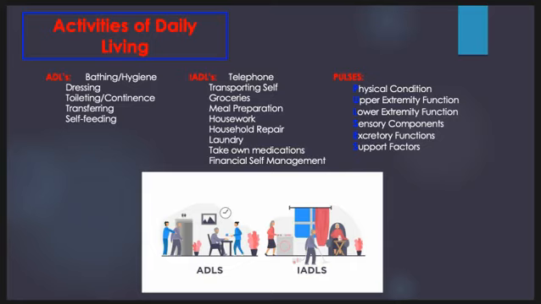So if they're able to dress themselves, brush their teeth by themselves, things like that, you should encourage them to do it themselves. Don't try to do it for them. You want to make sure that they maintain as much independence as possible, right? Remember, if they don't use it, they lose it. So we want to make sure that they don't become dependent on us and that they are exercising these muscles and doing these activities independently.